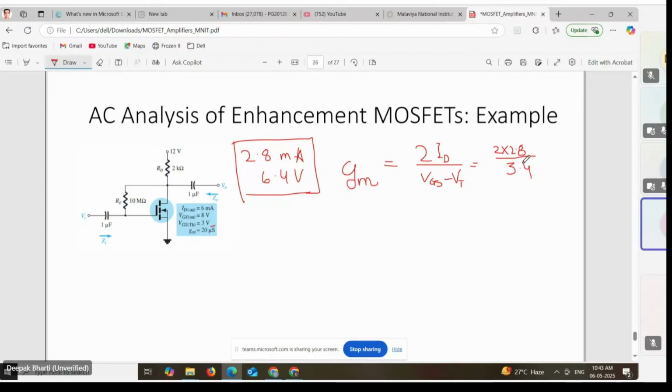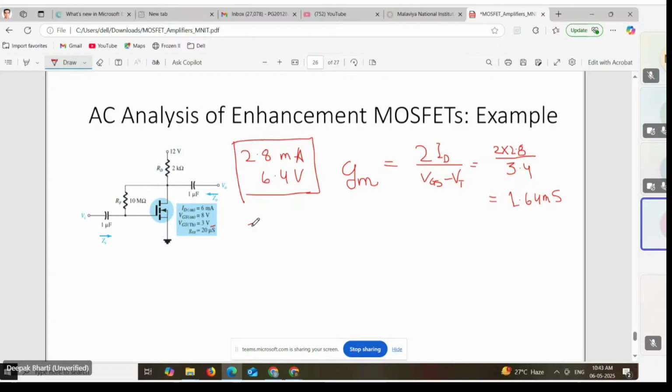It is twice into 2.8 divided by 3.4. It is 1.64 millisiemens. Okay, so we have determined GM.